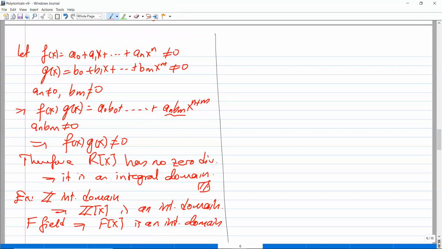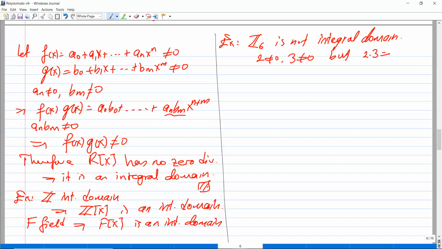Okay, next, if you look at this example, for example, Z6. Z6 is not an integral domain. It's a commutative ring with 1, but it's not an integral domain. The reason is 2 is not 0, 3 is not 0, but 2 times 3 is 0 in Z6.